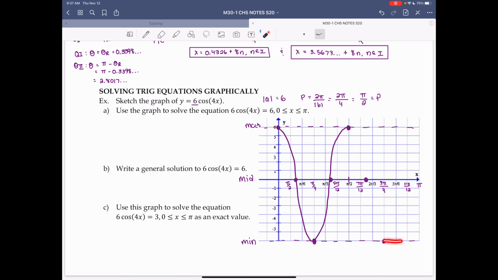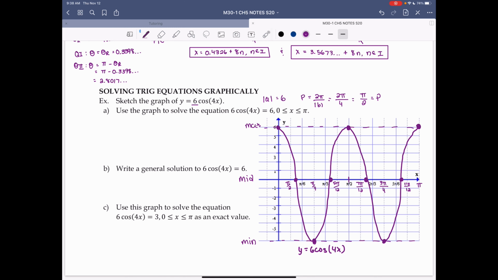Move over 1.5 units on the x-axis, and then go back up to the midline, which is the x-axis. And then again, move over 1.5 on the x-axis and go back up to the maximum. And connect those points to draw another cycle. And that's the graph of our function y equals 6 cos 4x.